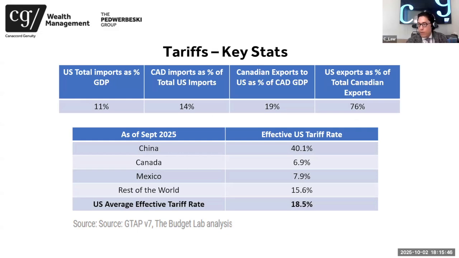So the effective rate of 18.5% on the 11% that they import is a 2% tax for those people that are spending. And again, it is discretionary. While there are things that are being imported, there are always US-made goods, not for all of them, but there are alternatives. So right now, you hear a lot of talk about tariffs, but they really aren't impacting the US economy.